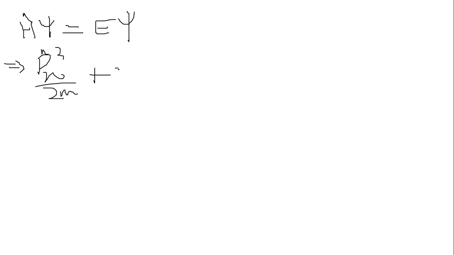H psi equals to E psi is nothing but the Schrodinger equation, and when we write it, H psi is kinetic energy plus potential energy, that is px square by 2m plus V into psi equals to E psi.